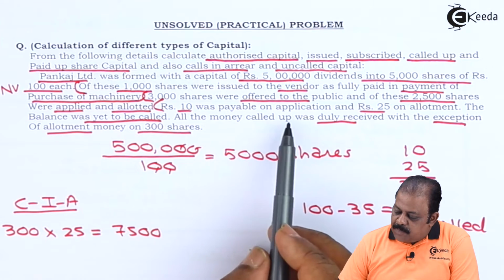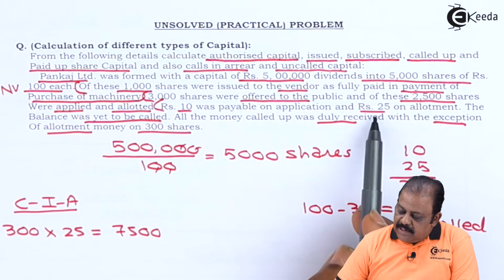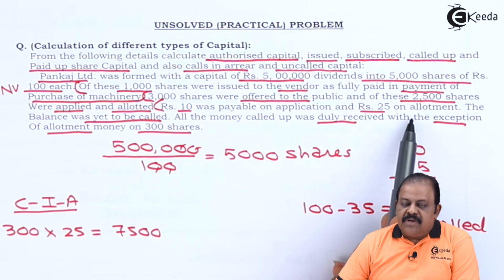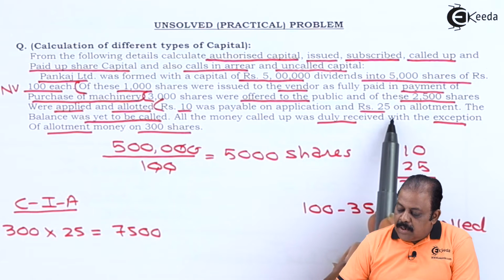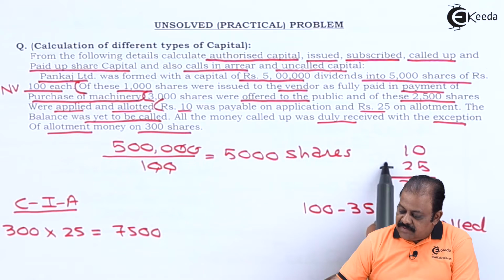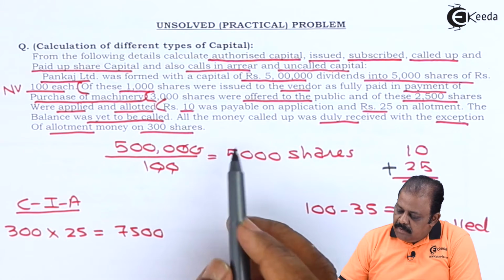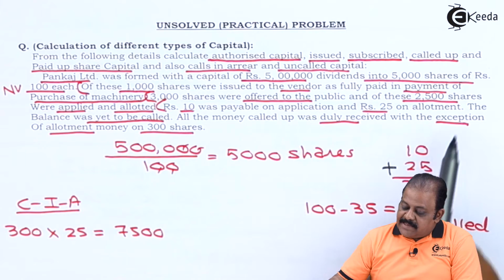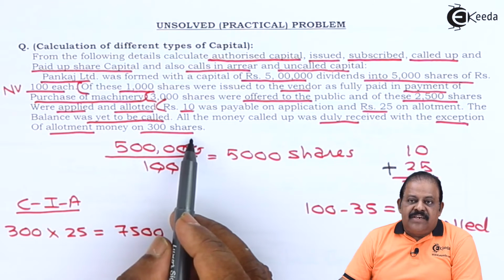Rupees 10 was payable on application and 25 on allotment. This will become called up capital, that is called up amount. 10 plus 25, 35 rupees per share. All money called up was duly received with exception of allotment money on 300 shares.